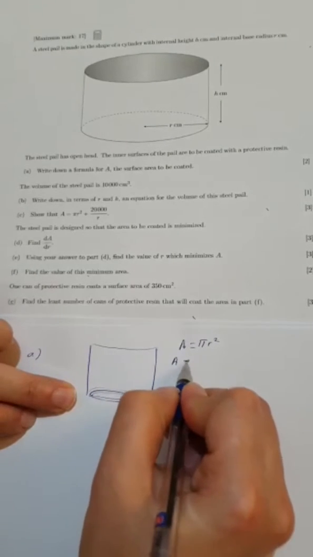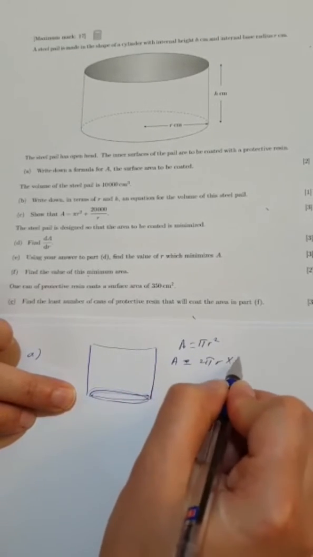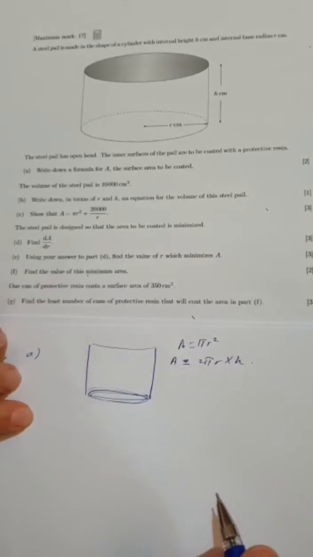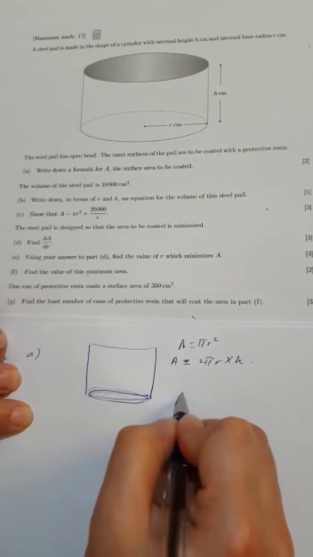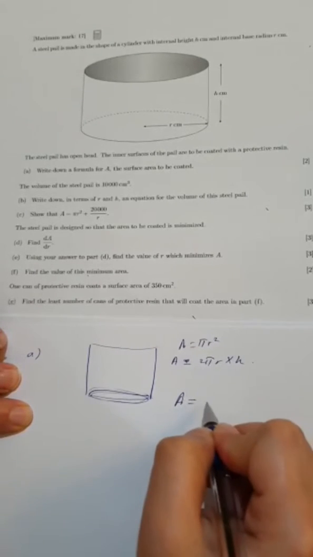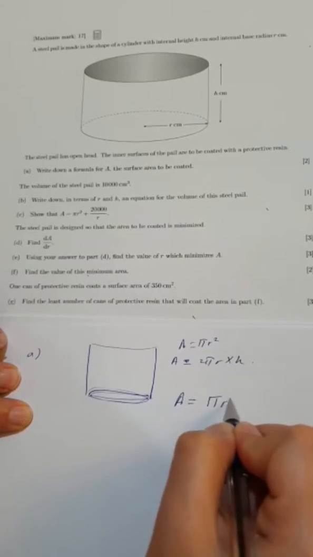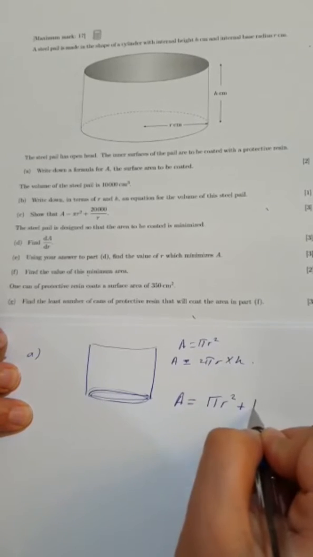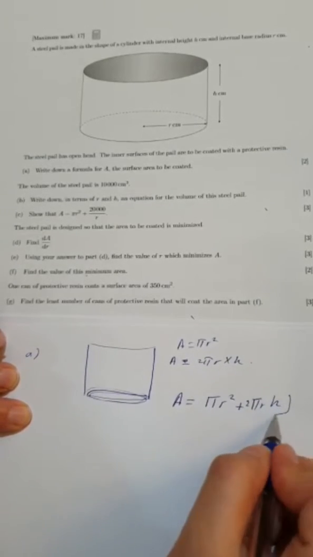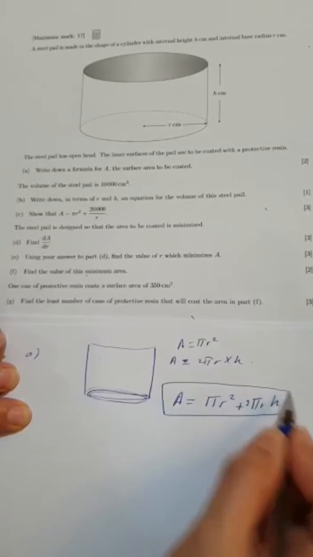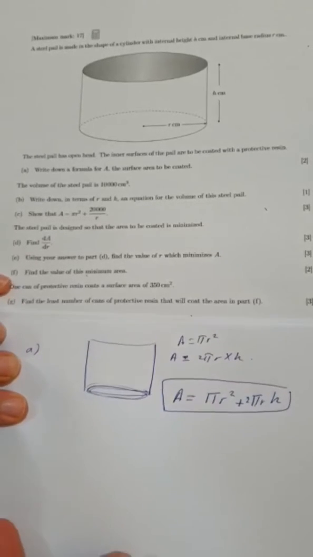So I'm going to say it's 2 pi r multiplied by the height, 2 pi r h. So if I want to find the total surface area of this shape, I'm going to say A equal to pi r squared plus 2 pi r multiplied by h. So this is the area that I'm going to use. Okay, going for the second part now.